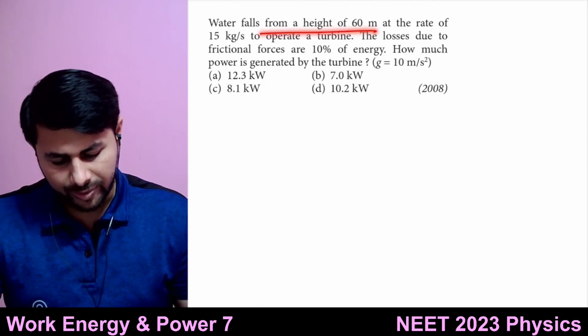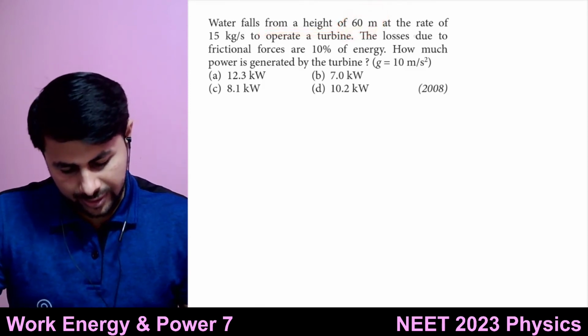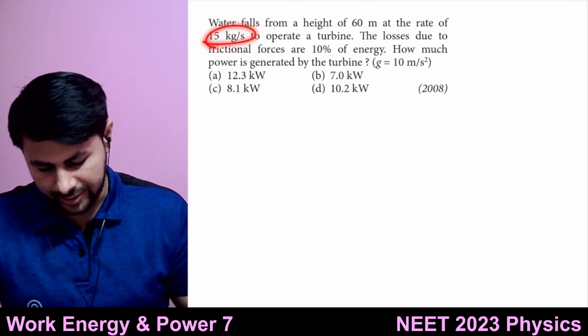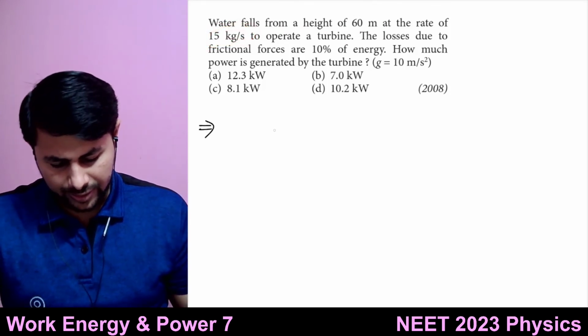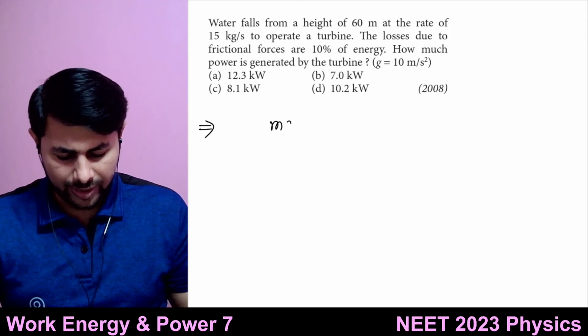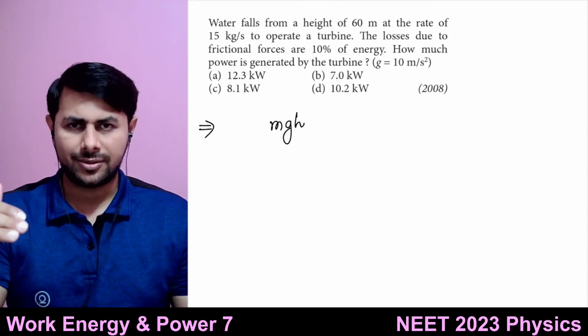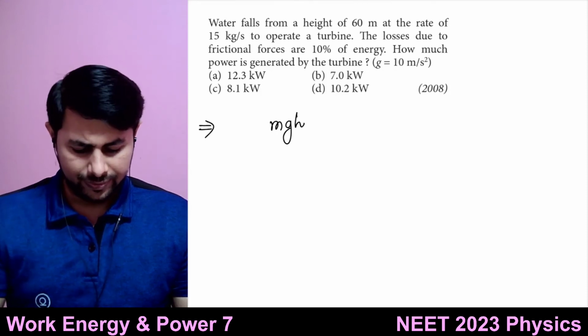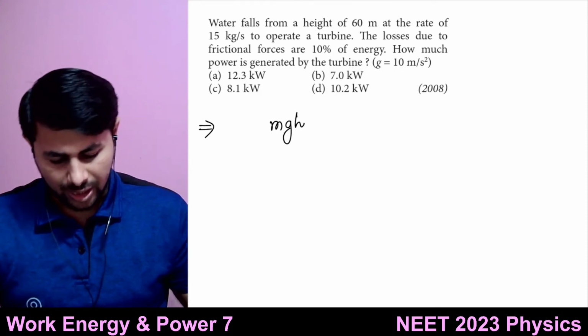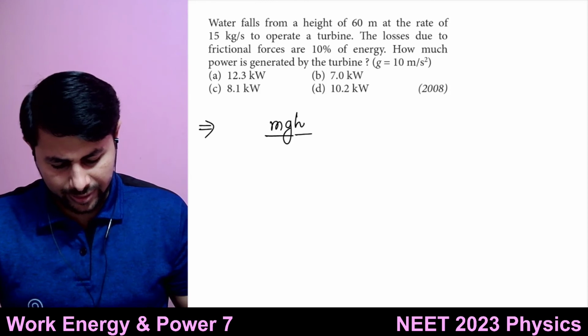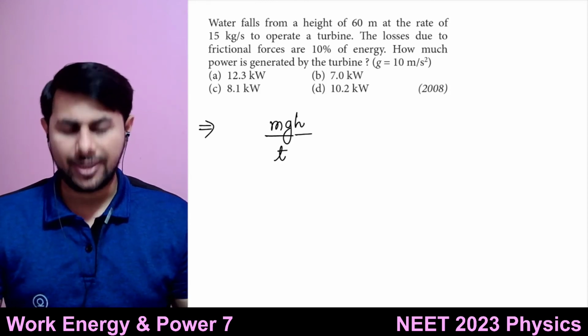Water falls from a height of 60 meters at the rate of 15 kgs per second. So it falls from height. mgh is its potential energy. And per second, how much potential energy is delivered? So we can divide it by time.